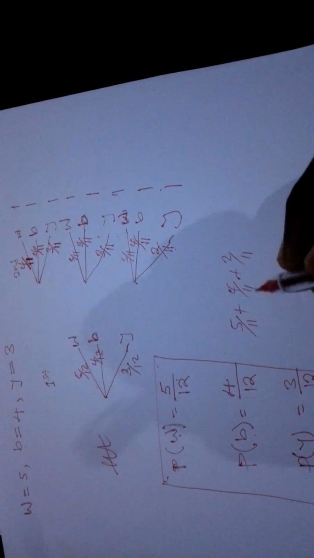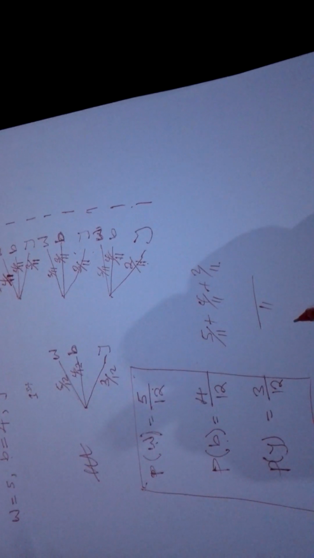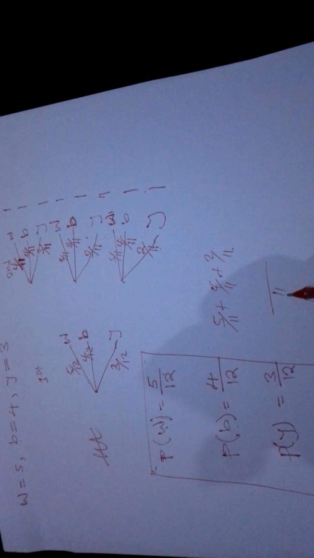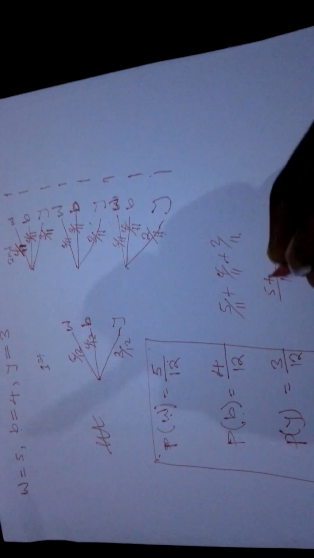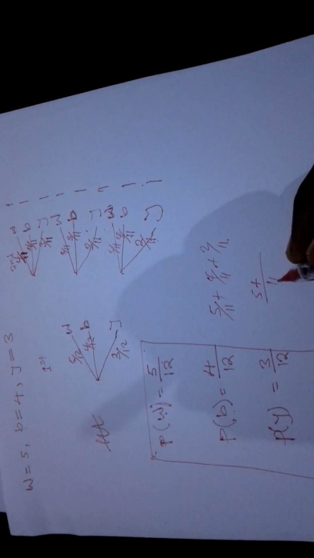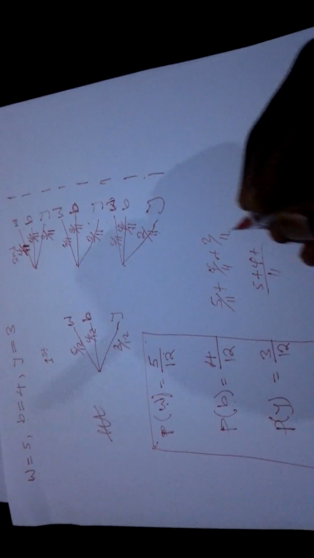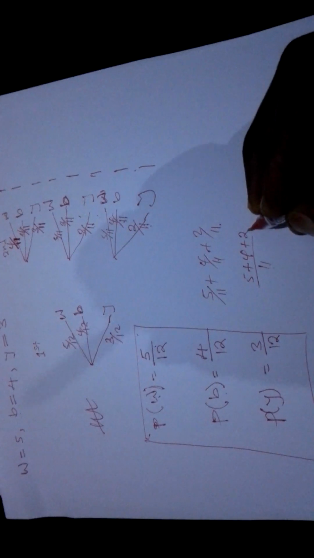So we look for the common denominator, which is 11, of course, and then we put the bar there. We say 11 into 11 is 1, 1 times 5 is 5, plus 11 into 11 is 1, 1 times 4 is 4, plus 11 into 11 is again 1, 1 times 2 is 2.